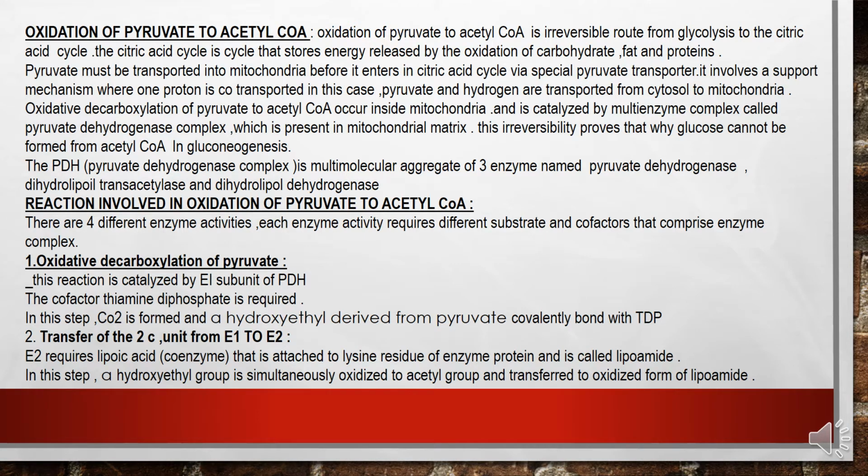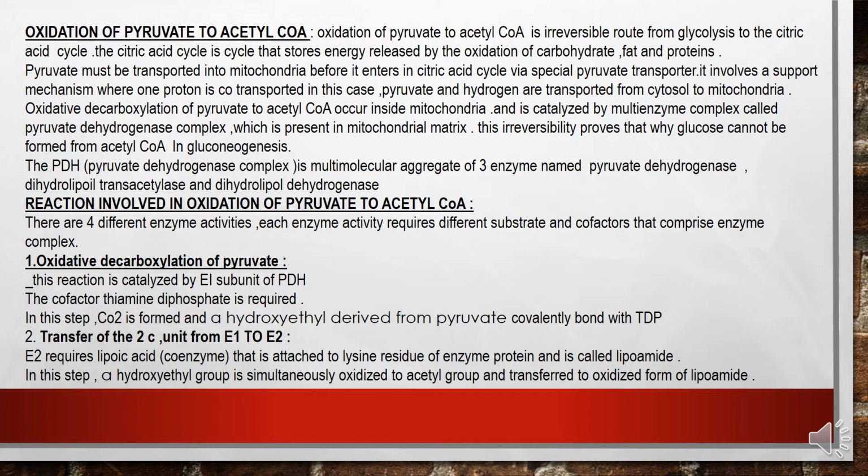Oxidation of pyruvate to acetyl coenzyme A. The oxidation of pyruvate to acetyl coenzyme A is the irreversible route from glycolysis to the citric acid cycle. The citric acid cycle is the cycle that stores energy released by oxidation of carbohydrate, fat and protein.